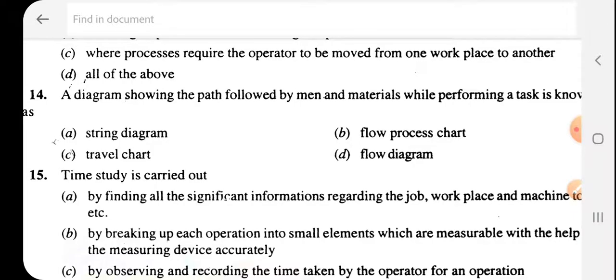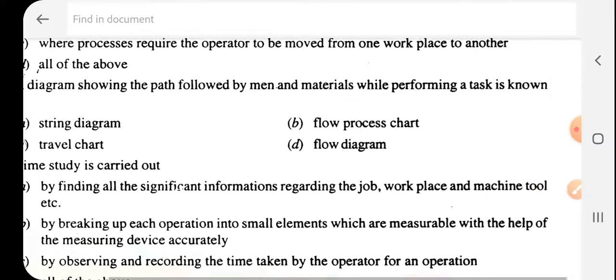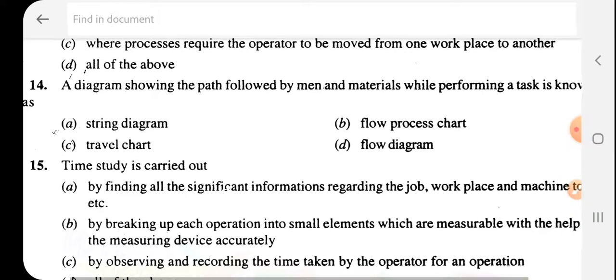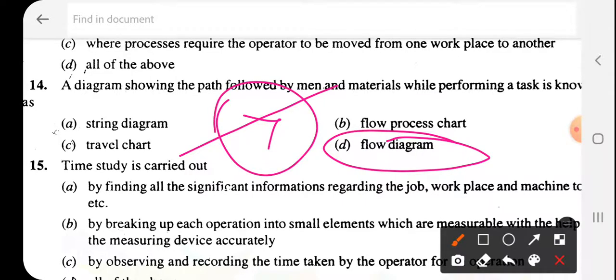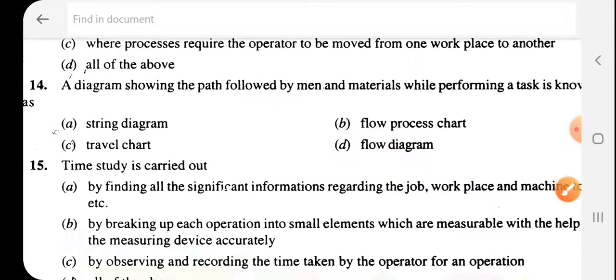A diagram showing the path followed by a man and material while performing a task is known as a flow diagram, a very important question. This is the flow of the man and material. Both are considered in a flow diagram.